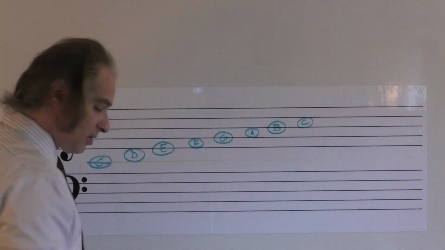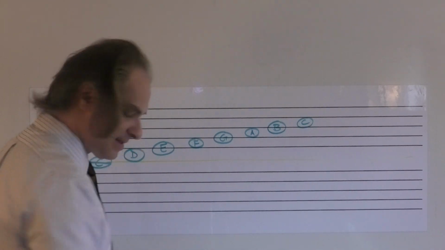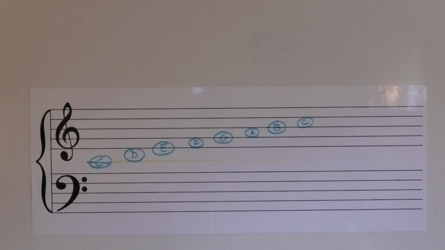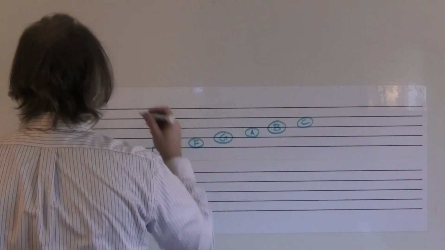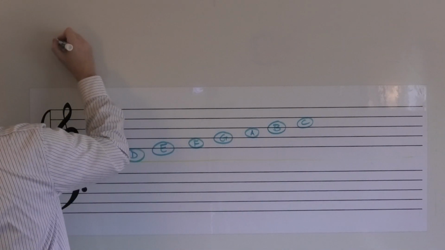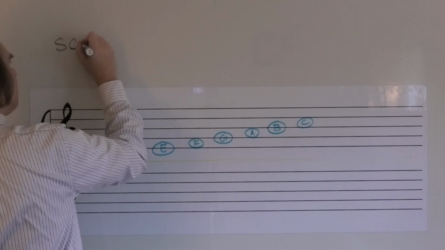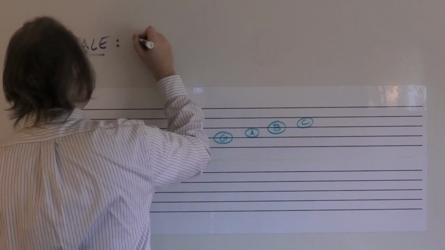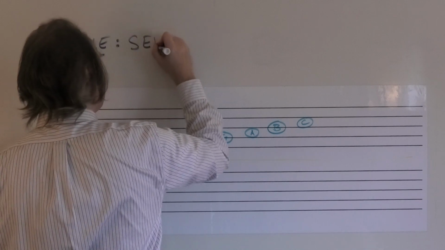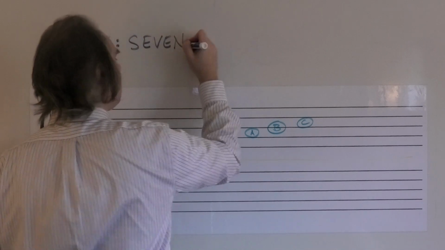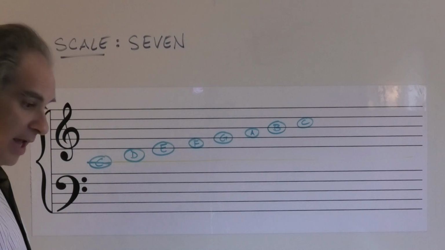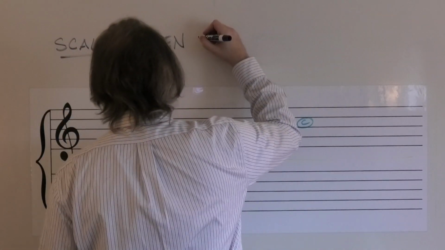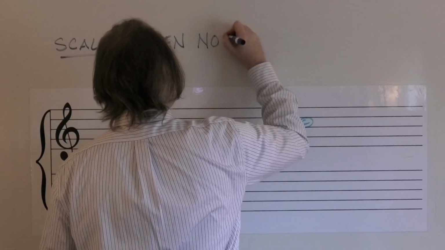Let's define the word scale just by itself. Not the C scale, just scale. In music, a scale is 7, okay, write this down anywhere, 7 notes.